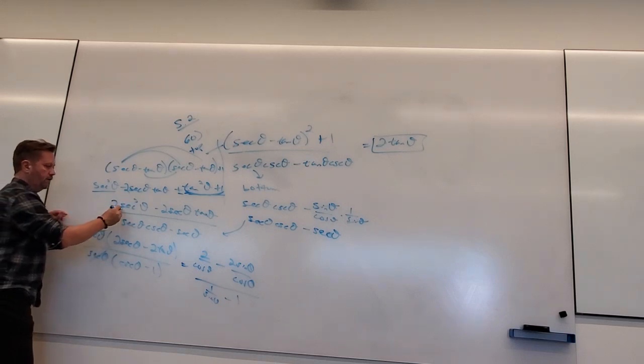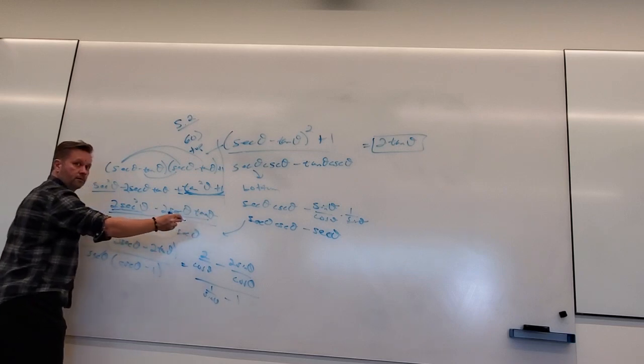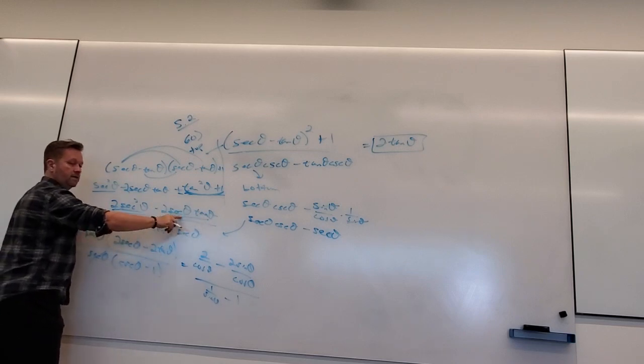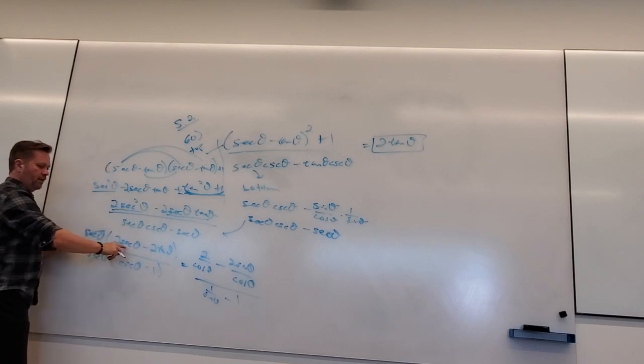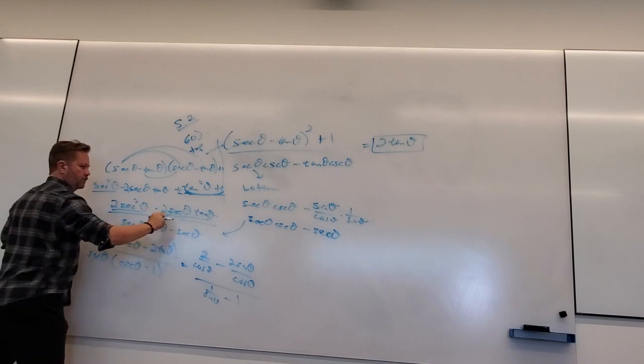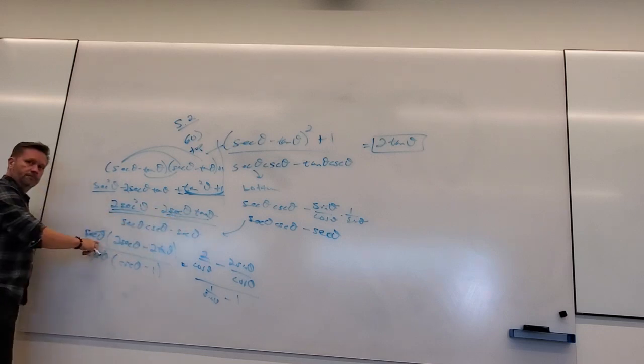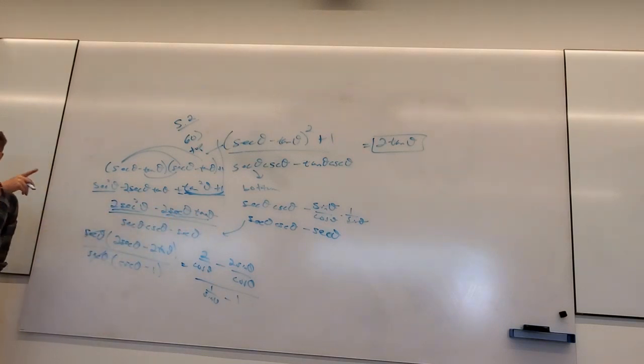Don't each of these terms have a secant in them? So if I take one out, there'll be one left here, because there were 2. Minus, and there'll only be a 2 tangent, because I took that one out. That's the GCF, good old GCF. The 2 threw me off. I could have taken a 2 out at the same time, but I just didn't.